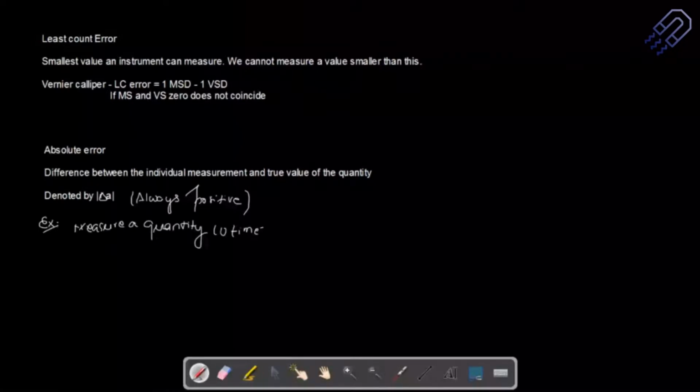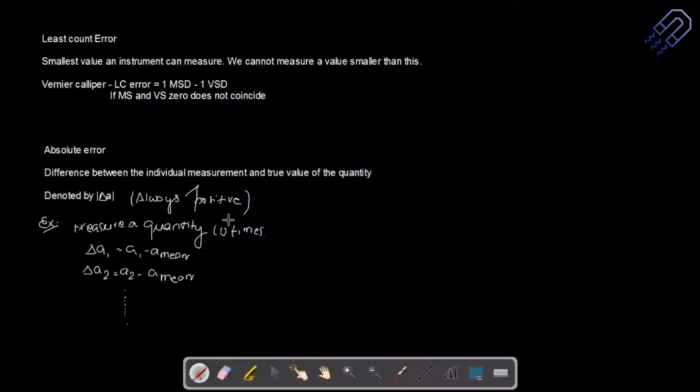Then if we take out delta A1, we can just say that it is nothing but A1 minus A mean. So the mean may be the actual value, the true value, and then delta A2 is equal to A2 minus A mean, and so on. You can take all the 10 values.